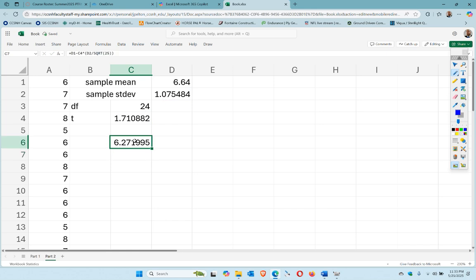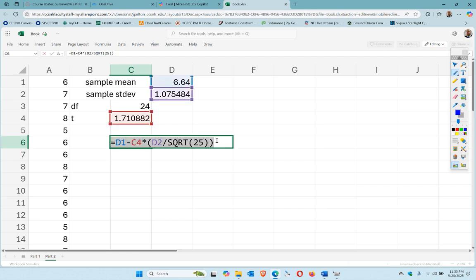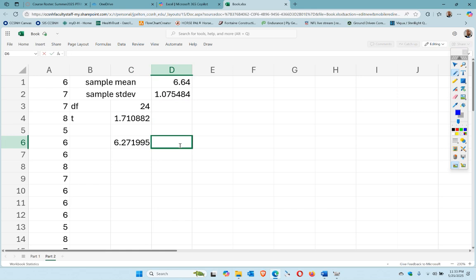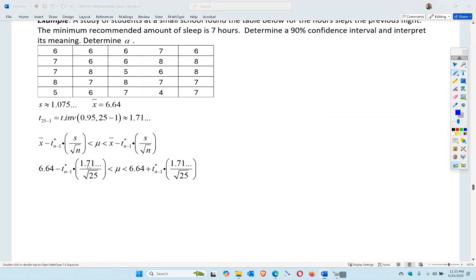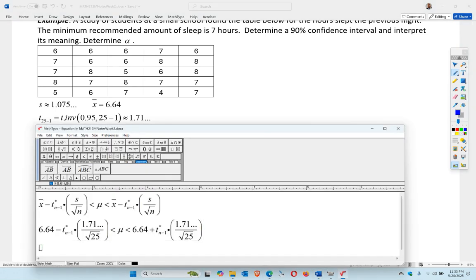So we'll take that, copy it, paste. Change that to a plus. Okay. So there's our confidence interval. So we get 6.27 dot dot dot and 7.008 dot dot dot, I believe. And these are hours of sleep. So there's our confidence interval.